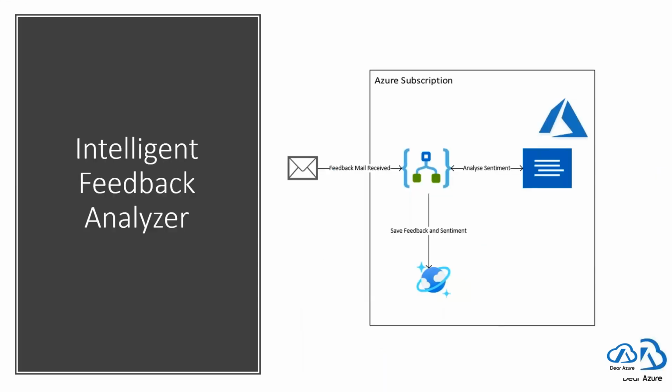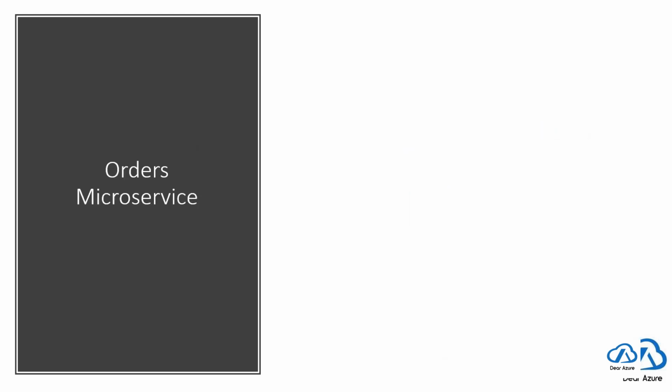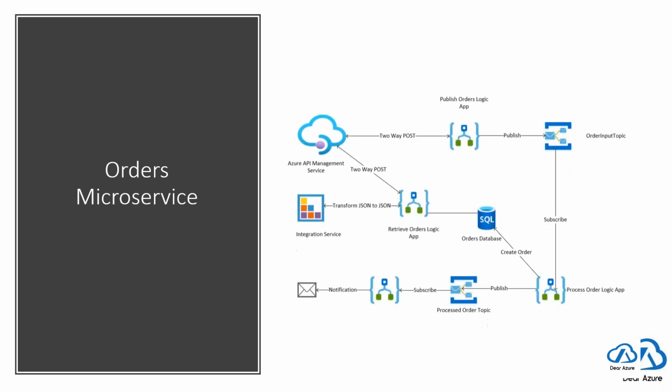Now, moving to the next demo, this would be a little integration heavy demo. It basically shows us how to create a microservice. Again, I'm using the age-old orders microservice example. The way this demo works is that we have a website which is a shopping website.